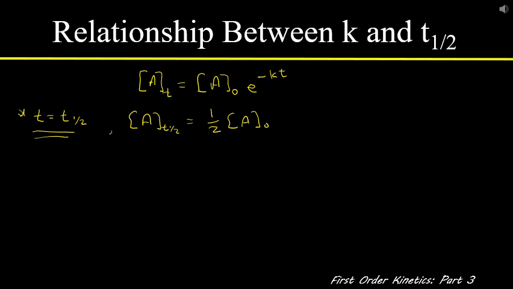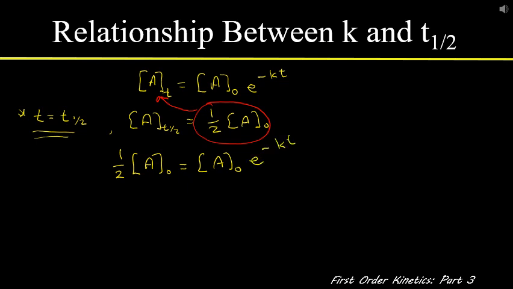So we'll take this value here, which is equal to the concentration of A at time t. We'll substitute it in up there. Right? So this gives us 1/2 of the original concentration is equal to the original concentration e to the minus kt if t is the half-life. Now to get k and t by themselves, let's divide both sides by A0.